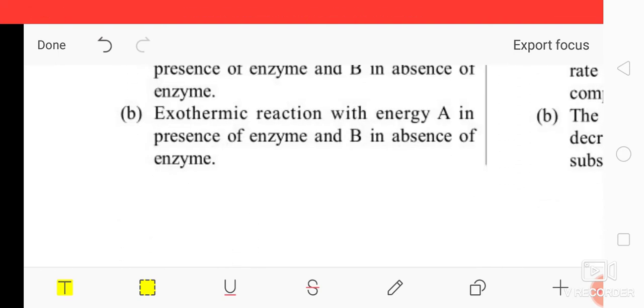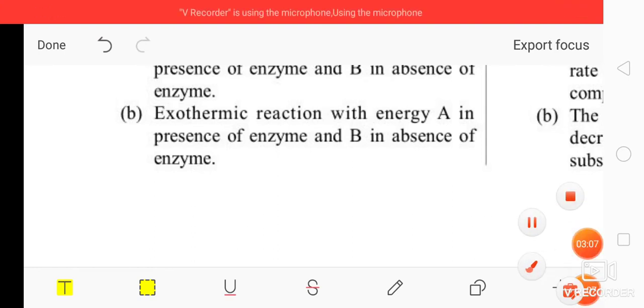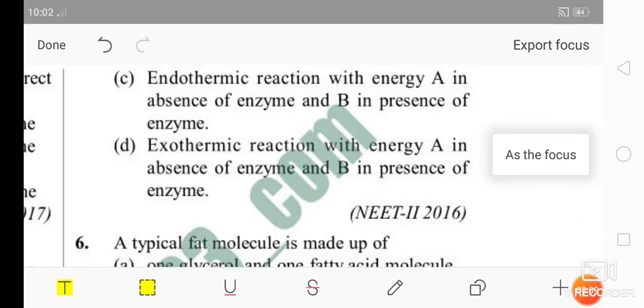Option B, exothermic reaction with energy A in presence of enzyme, B in absence of enzyme. Option C, endothermic reaction with energy A in absence of enzyme and B in presence of enzyme. Option D, exothermic reaction with energy A in absence of enzyme and B in presence of enzyme. Once again I show you the graph.